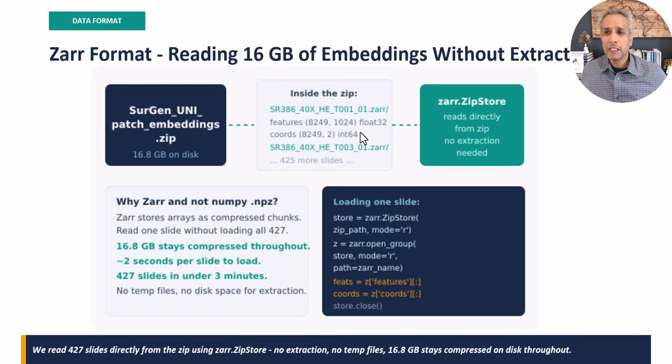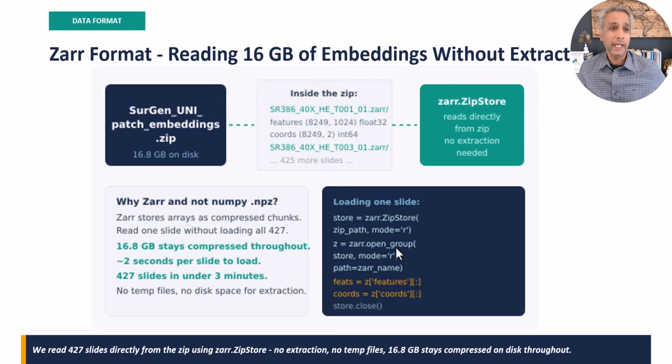I added a couple of things here because I had to go through this code and experiment a few times. I realized the correct pattern to open this is zarr.open_group with the right path argument. You can learn that yourself by asking ChatGPT or Claude, but it took me a little longer than I expected. That's why I placed it on this slide.